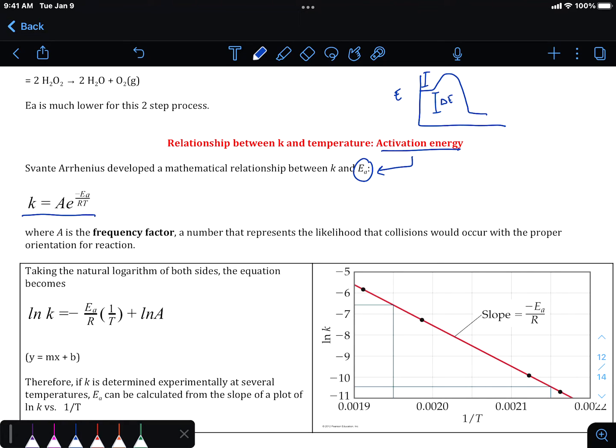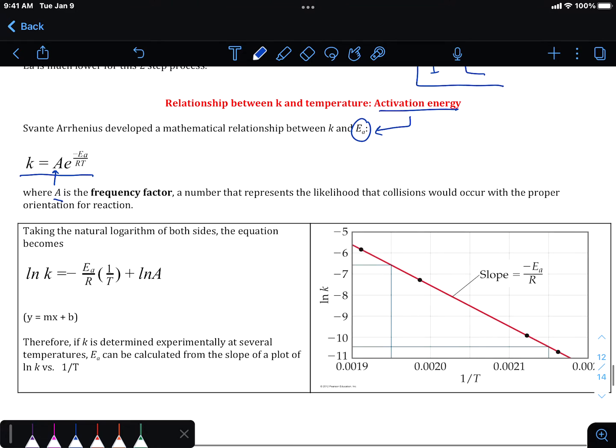And so, if we look at the Arrhenius equation, it involves what's called a frequency factor, which is a variable we have not seen before. And that's multiplied by e raised to the negative EA over RT. Okay. So the thing about the frequency factor is that this is always changing, or I should say it's reaction dependent.